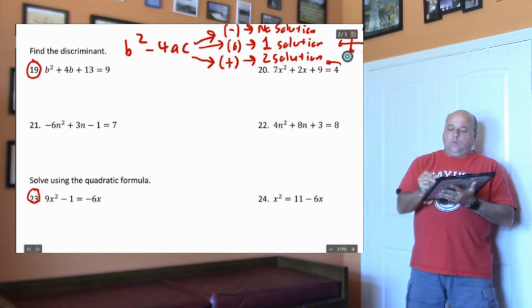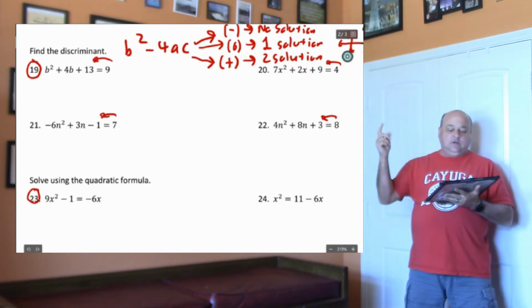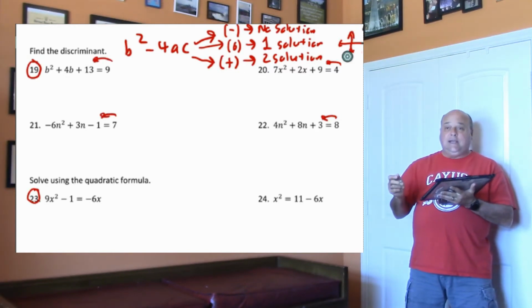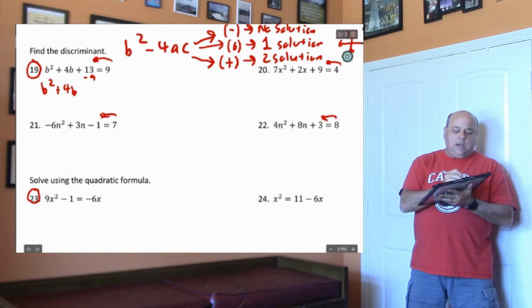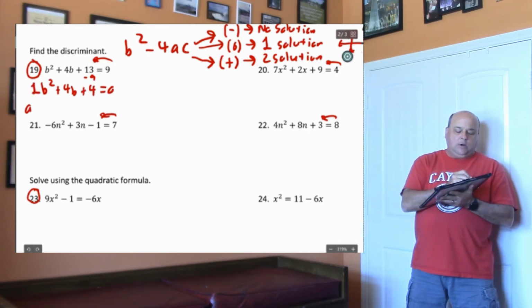So on every single one of these problems, you got to move this number over, don't you? Okay, I'll do number 19, because that's the one I got circled, okay? So subtract 9. I'm going to get b squared plus 4b plus 4 equals 0. And remember, there's a 1 right here. Write down a equals 1, b equals 4, c equals 4.